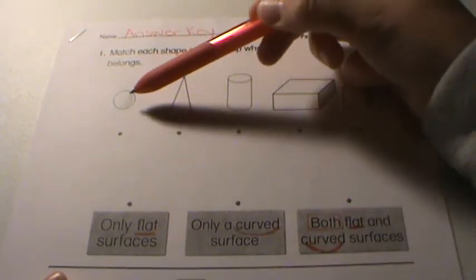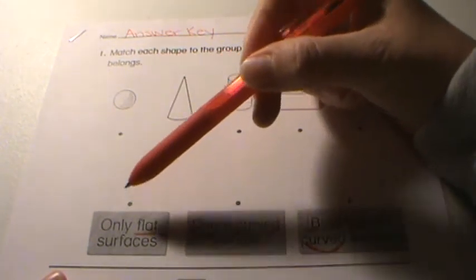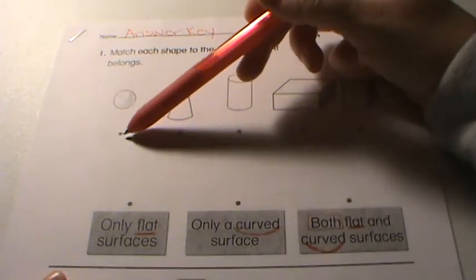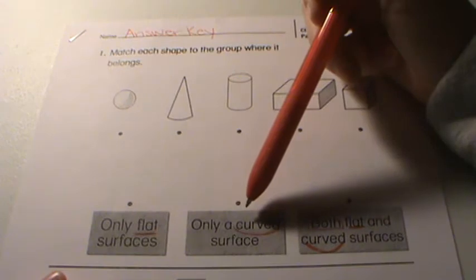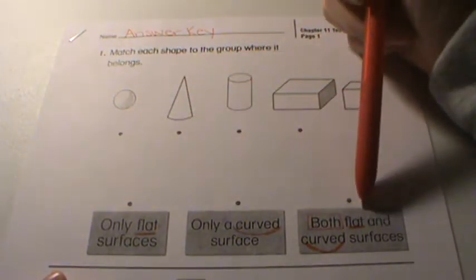So if this sphere has only flat surfaces, you would draw the line to that description. If it only has curved surface, then you're going to draw the line to this description. But if it has both flat and curved, you're going to draw your line here.